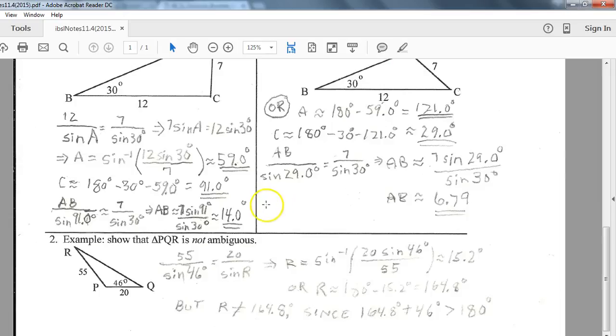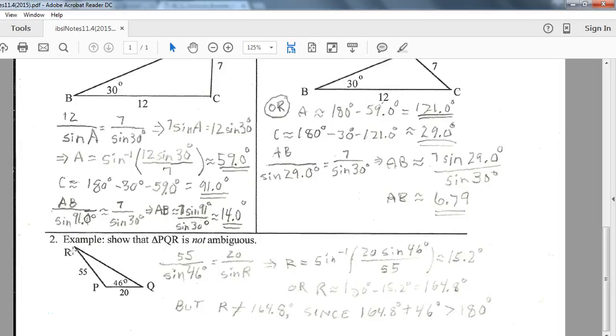So if I subtract that from 180 to get the obtuse drawing right here, that would mean this angle R is now 164.8 degrees. Well, we'd be breaking one of the laws of triangles.